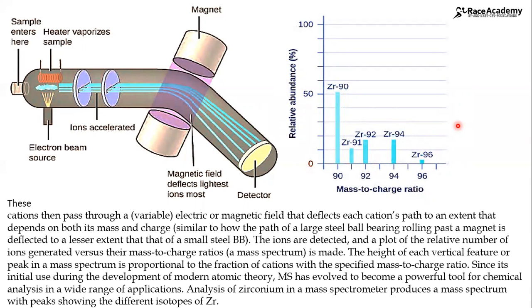That means the cations that pass through this electric and magnetic field are deflected to an extent that depends on both their mass and charge ratio, similar to the path of a large steel ball bearing rolling past a magnet and deflected to a lesser extent than that of a small steel BB. So the ions which are detected and a plot of the relative number of ions generated versus the mass to charge ratio is made like this.